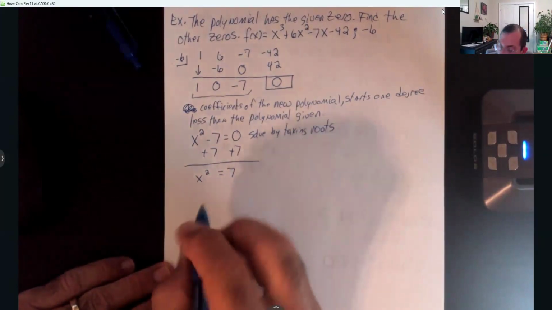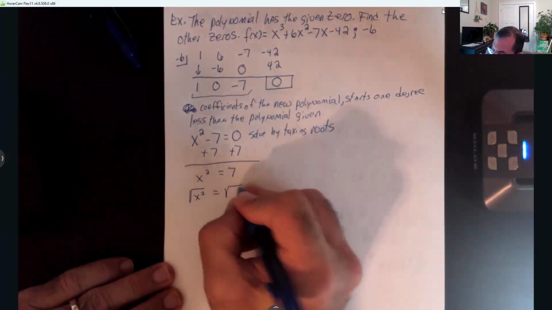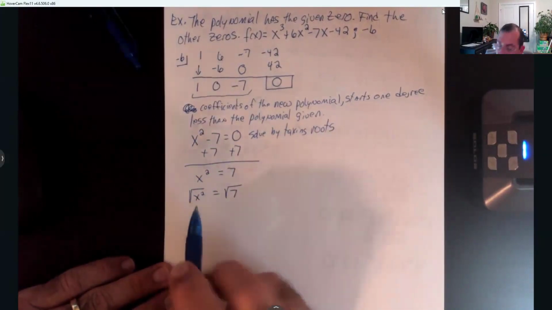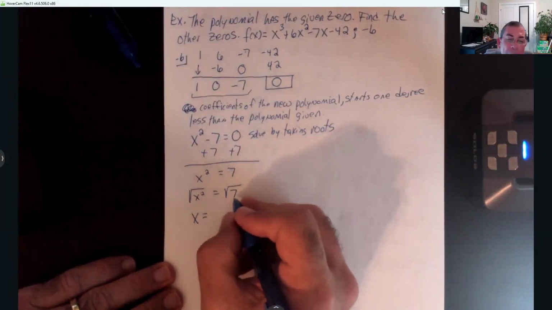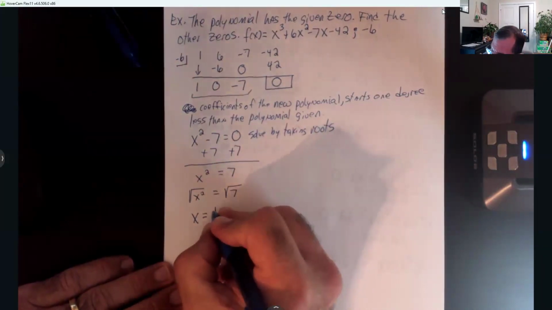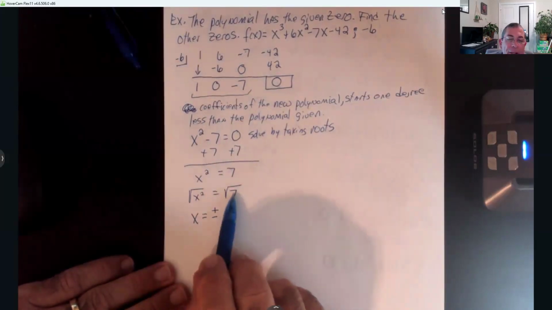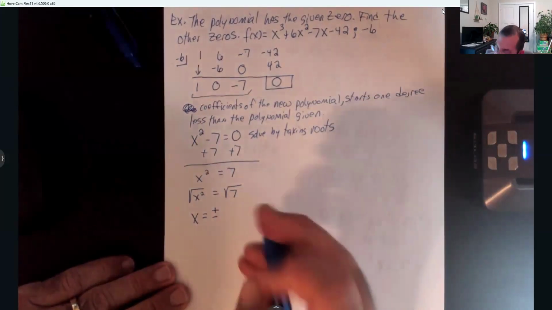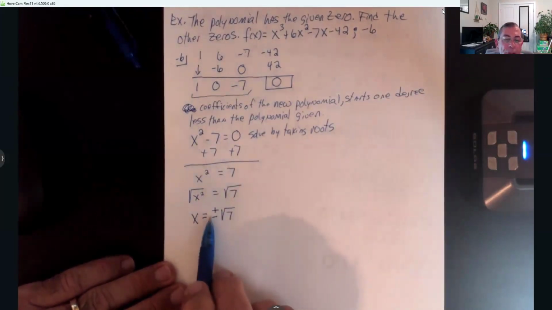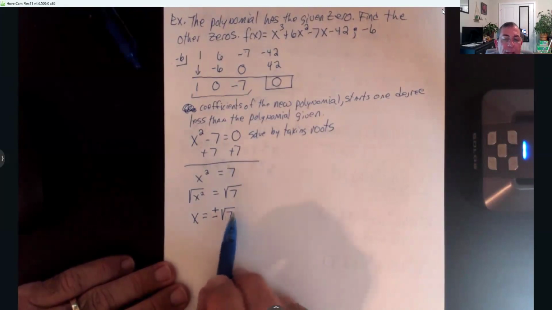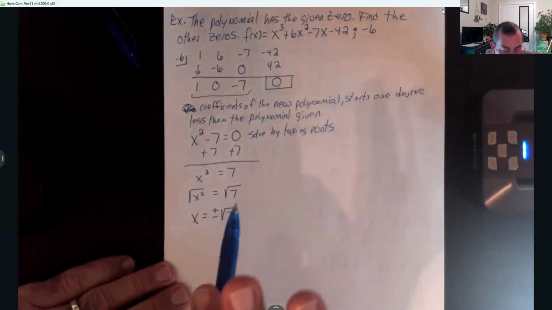Now take a square root of both sides. So the square root of x squared is x. That's going to equal, now we're taking the square root of a number, so we need our plus or minus. And y'all look at that. We can't simplify that square root of 7. So that's just going to be a plus or minus square root of 7. Because remember, radicals come in conjugate pairs.